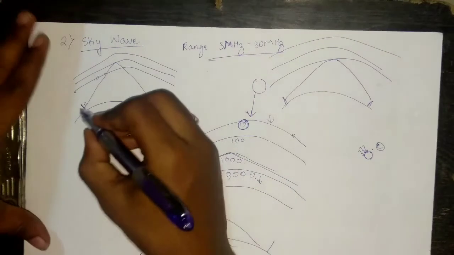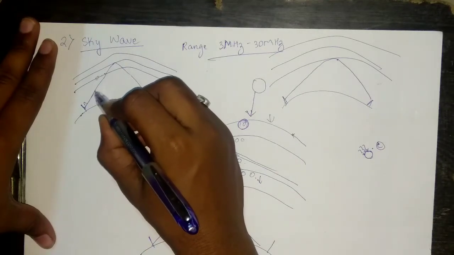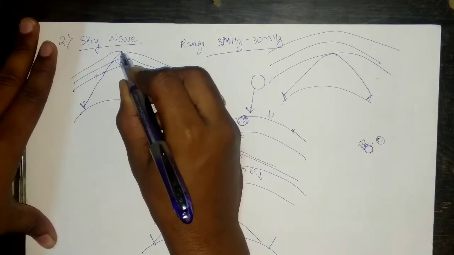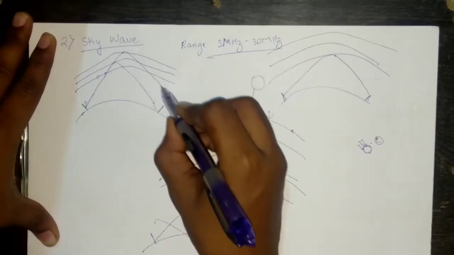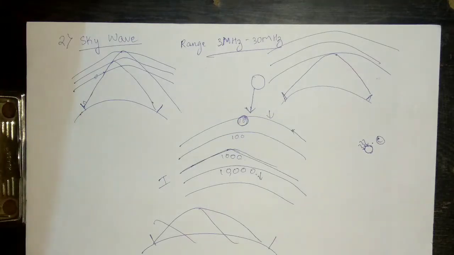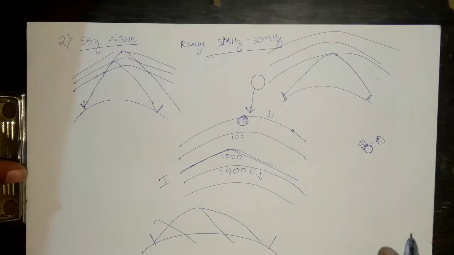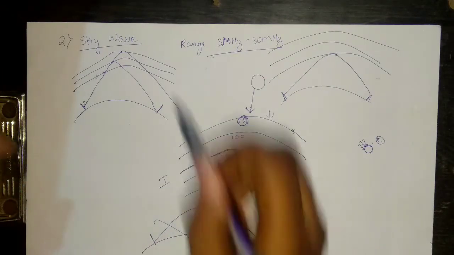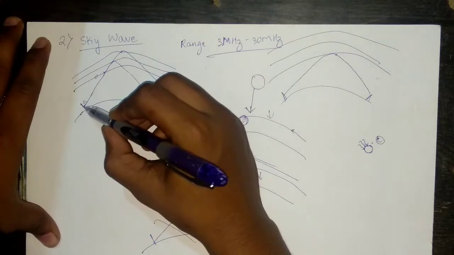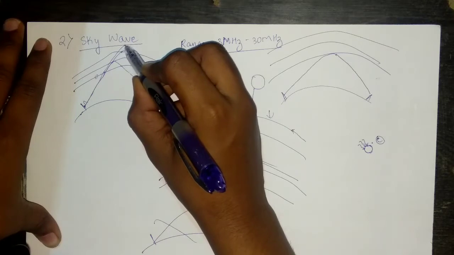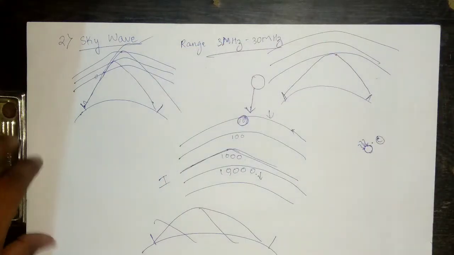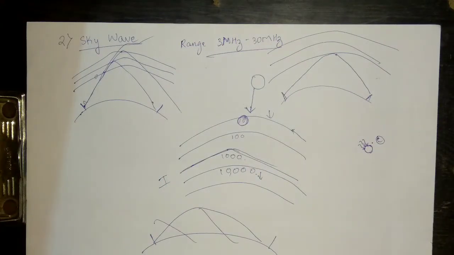If the frequency is 30 megahertz, it will move far. It will go to the last layer of the ionosphere, get reflected, and move for more distance. But what if the frequency exceeds 30 megahertz? Then it will penetrate through the ionosphere and get into space, so the frequency range is 3 megahertz to 30 megahertz.